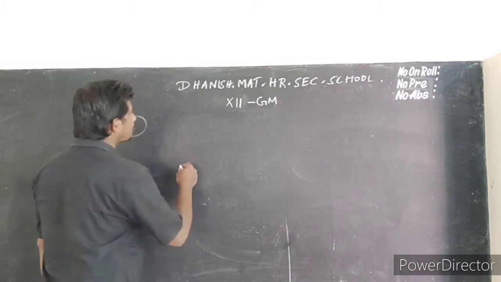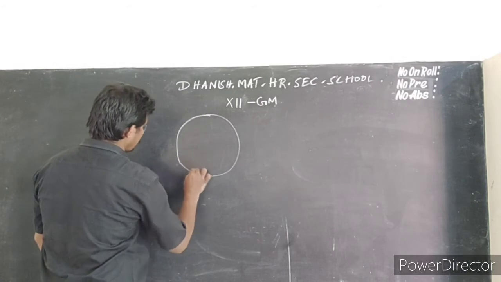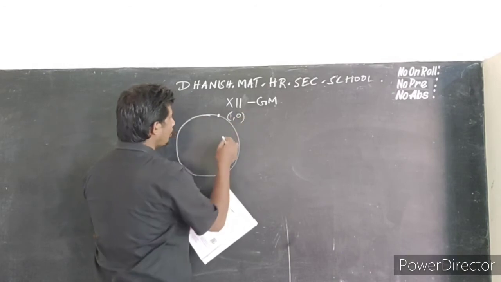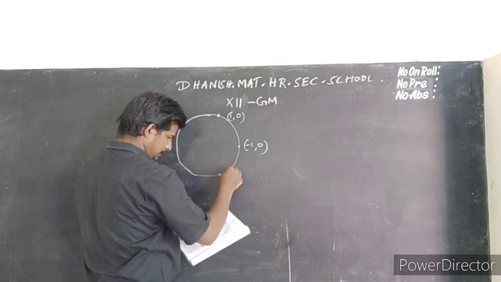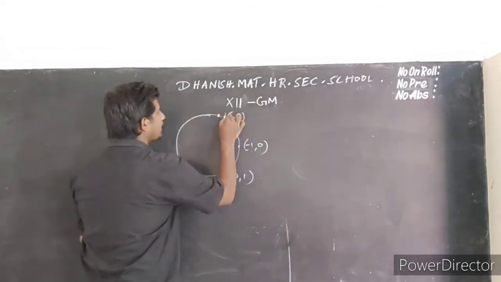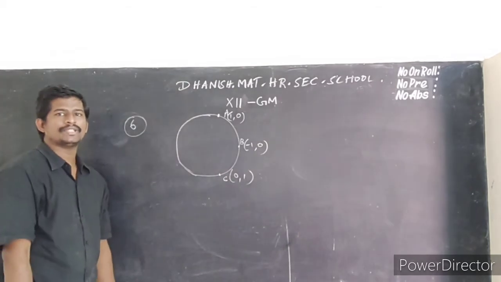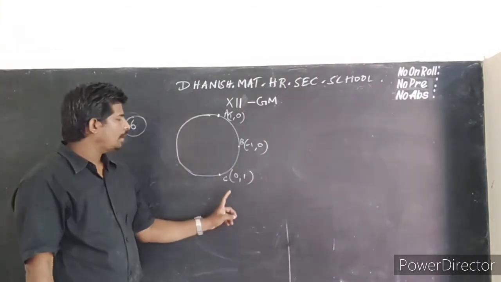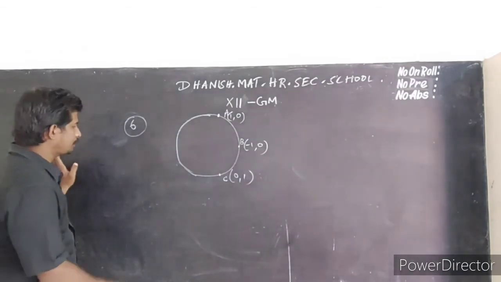Here our circle should pass through (1, 0), (−1, 0) and (0, 1); these points can be taken as A, B, C. Here we are going to find the equation of the circle passing through these points. Now I am going to use the general form of the equation.